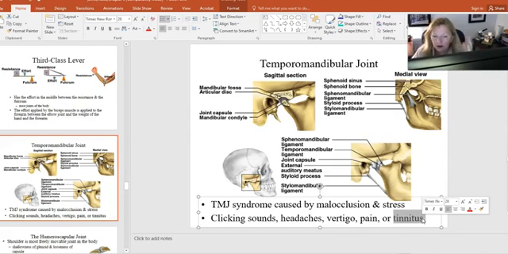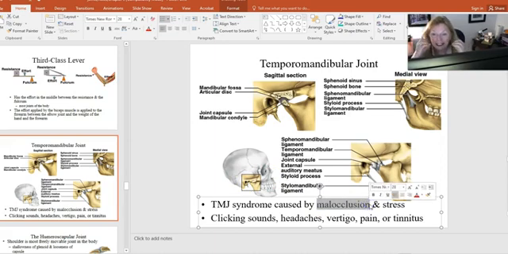So all of these things can be really, really chronically disabling. If you've known anybody who has that, it is usually, we think, caused from malocclusion, which means the bite is off. A bad bite. Grinding of the teeth, stress can cause grinding of the teeth.